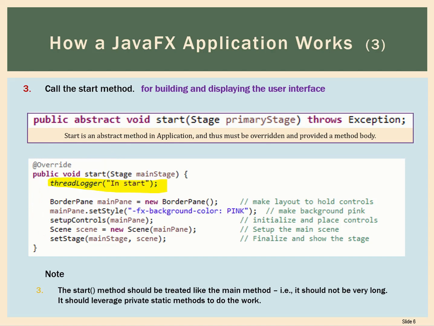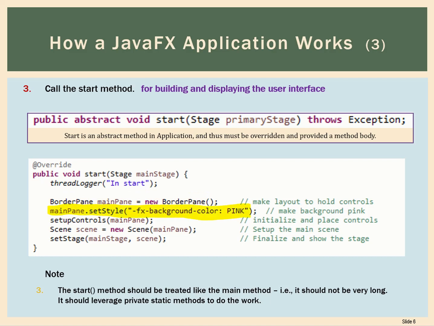That's fine. Next thing I'm doing is I'm making a border pane. Now the border pane is going to be the control in JavaFX into which I place all my buttons and all my labels. So I make the pane there. In the very next line, I set the style of the pane.